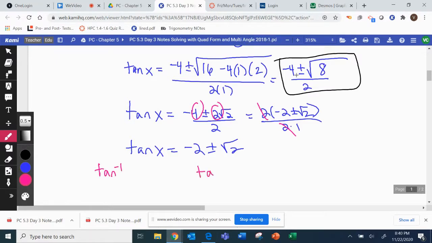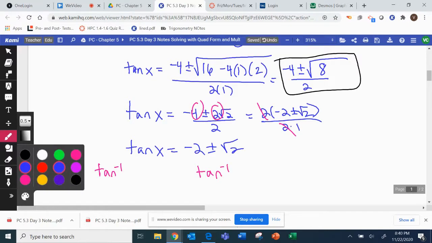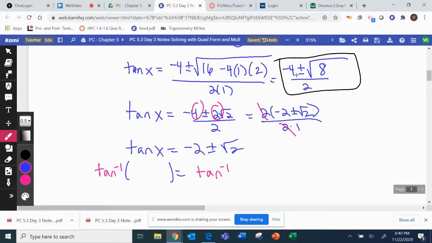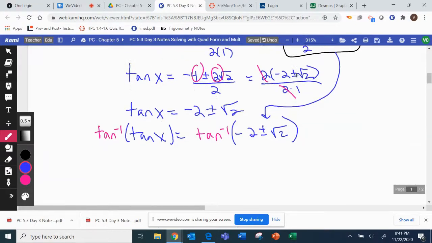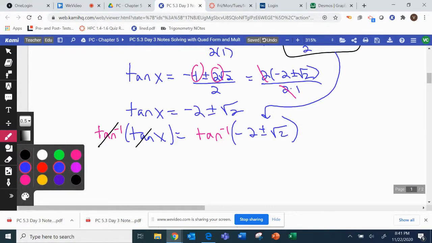We'll have to do that to both sides of the equation. So really, it doesn't matter if I have the negative 4 plus or minus square root 8 over 2, or the simplified version. Those are equivalent. We're just trying to get x by itself.